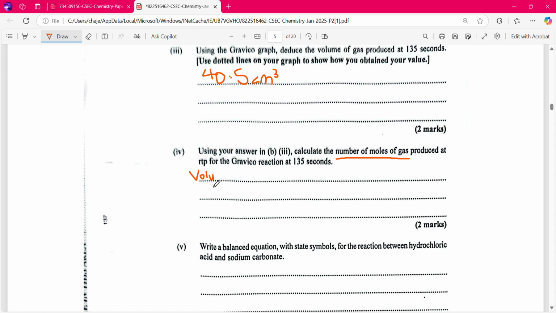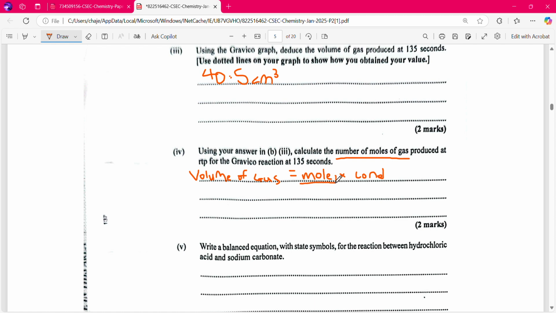Volume of a gas equals... Alright, and since we're just solving for moles, this is what we're going to make the subject.